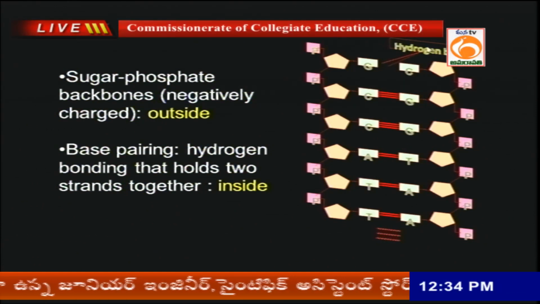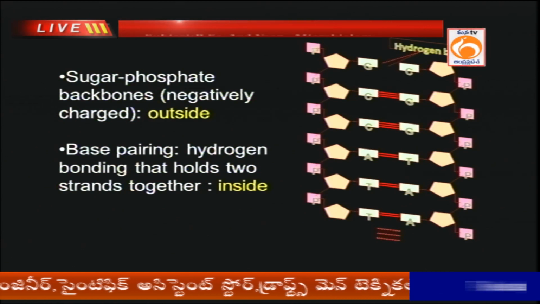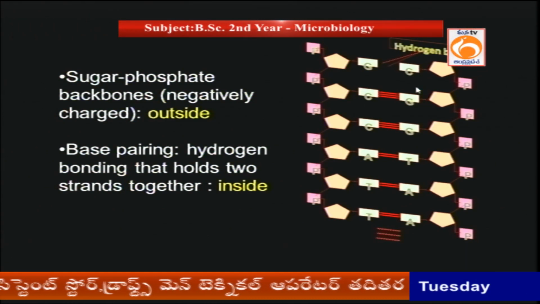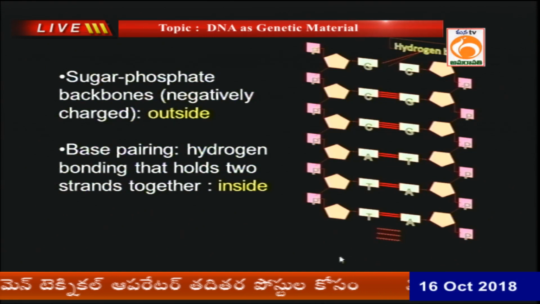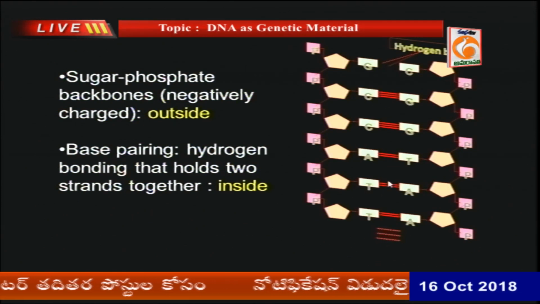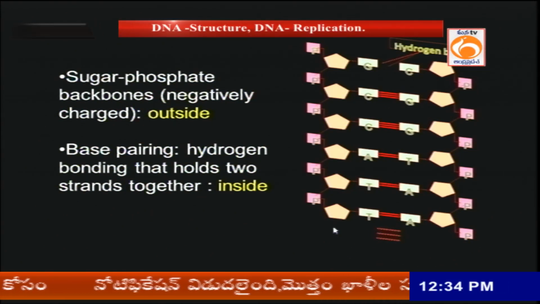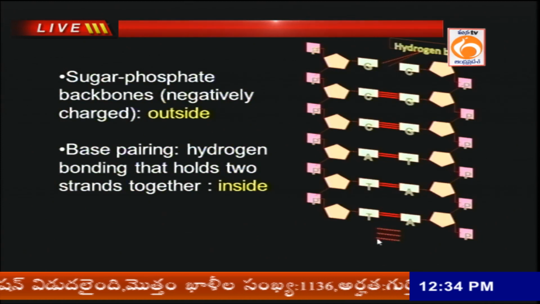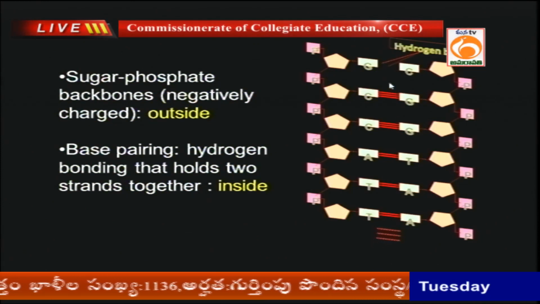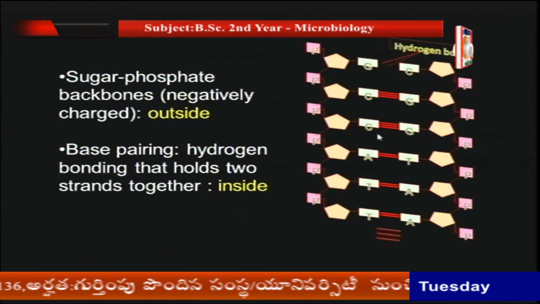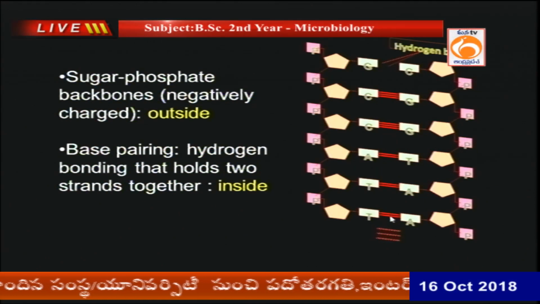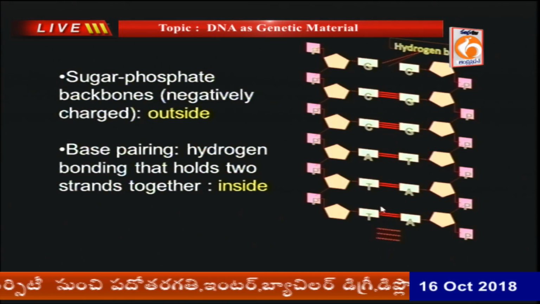Because of the presence of this large number of hydrogen bonds, there is a high degree of stability in the DNA molecule, and these properties are important concerning the mechanism of replication in DNA. And the order of these base sequences determines the genetic code in DNA.